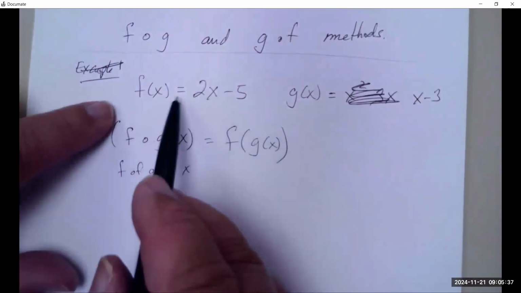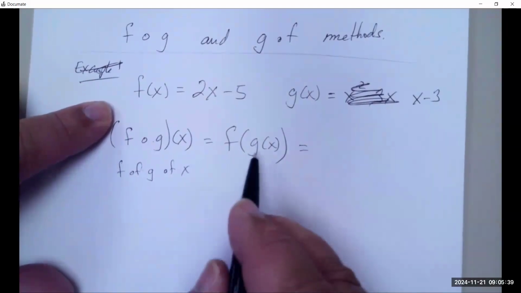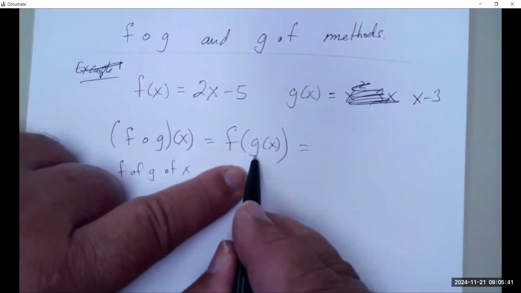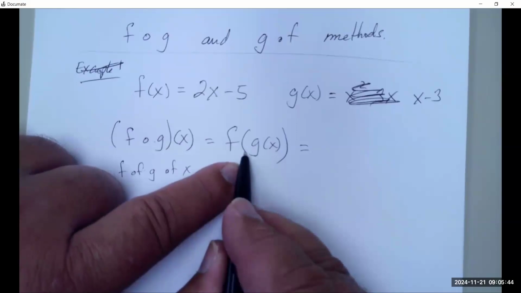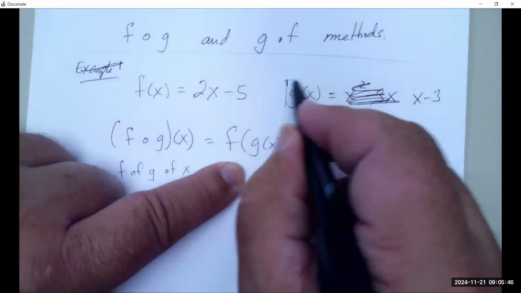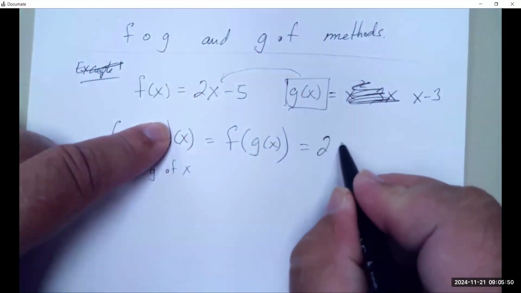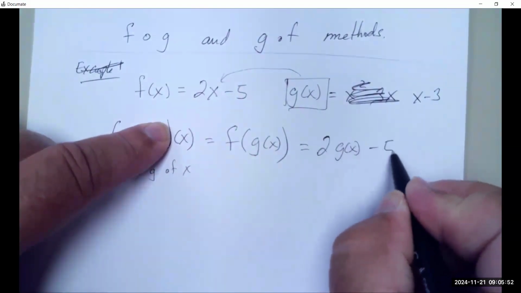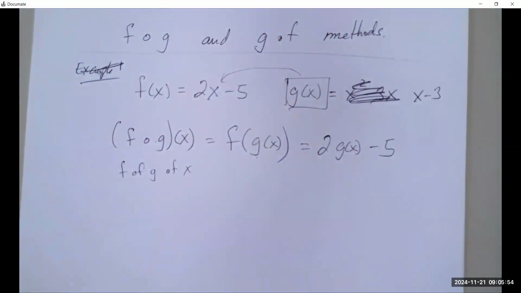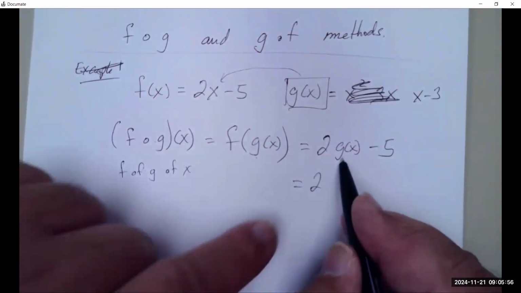Now, what does this mean if I have two functions? Since my g of x is the input variable to my f, anywhere I have an x in my f function, I put a g of x. But what is g of x?